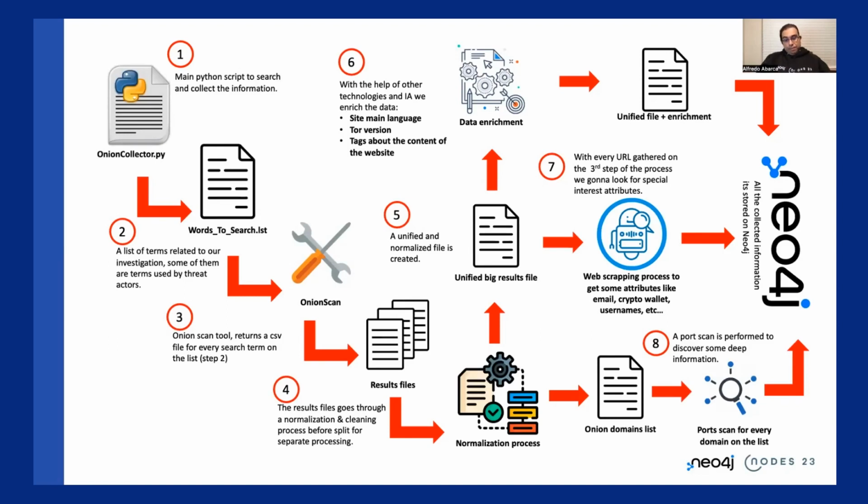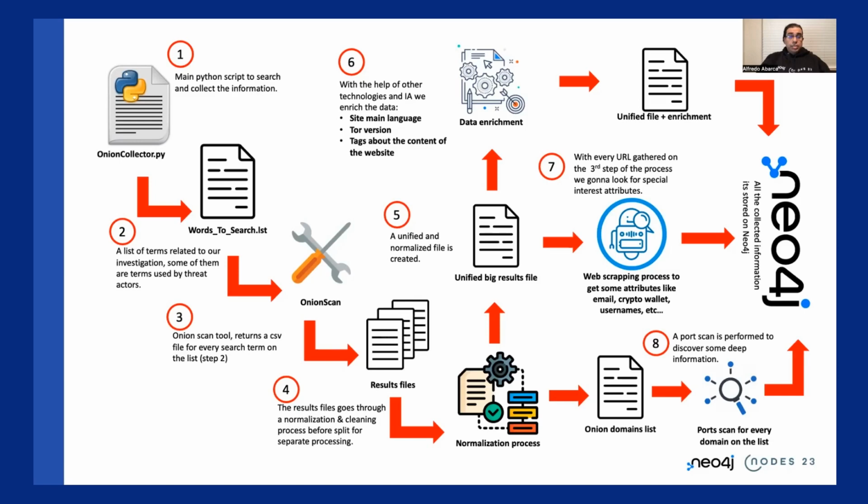And in the case of banks, it's all the things relating to credit cards, bank accounts, or any other term that will be the focus of investigation. Once the script gets this list, then it runs onion search around every one of these terms. In my case, I have been running maybe around 100 or 150 terms.